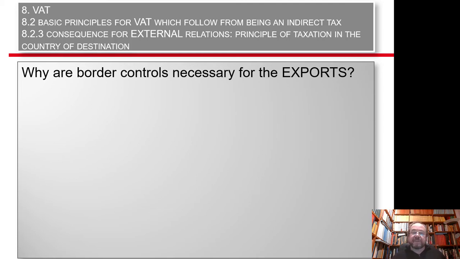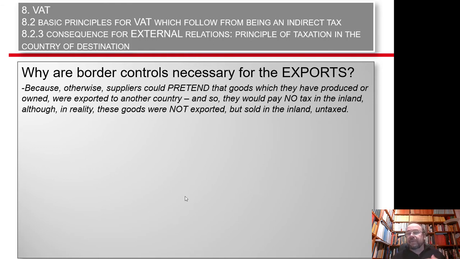So you must really ask the suppliers, the sellers of goods, if you claim an export exemption, you must prove that the good really crossed the border, left the country, and cannot come back unnoticed. Because otherwise people would just sell things in the inland without paying the tax to inland consumers and would pretend all these things have been exports.